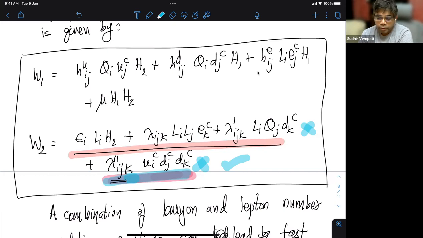So you need to suppress the R parity violating couplings further by 6 orders of magnitude to generate neutrino masses of the order of eV. Say for hundreds of GeV or 1 TeV lepton masses, you get neutrino masses of the order of MeV.